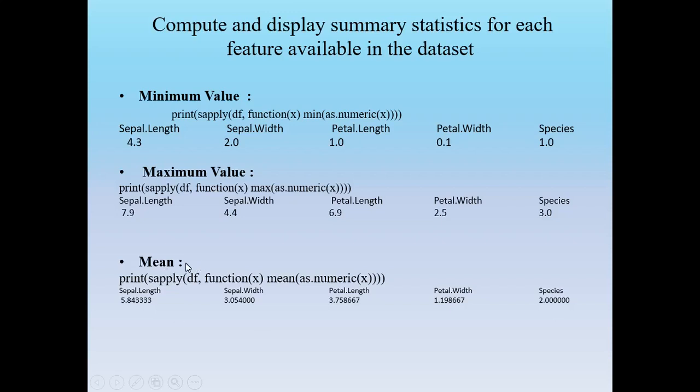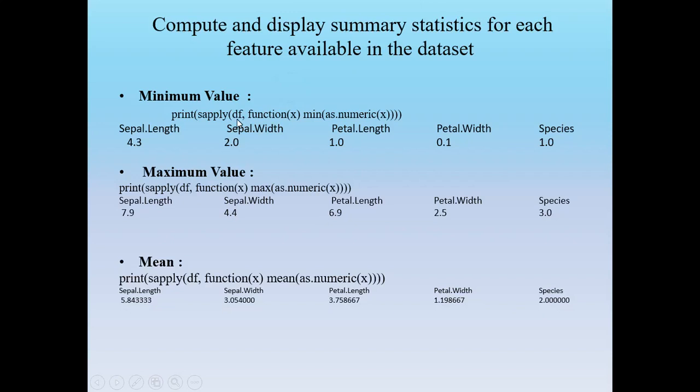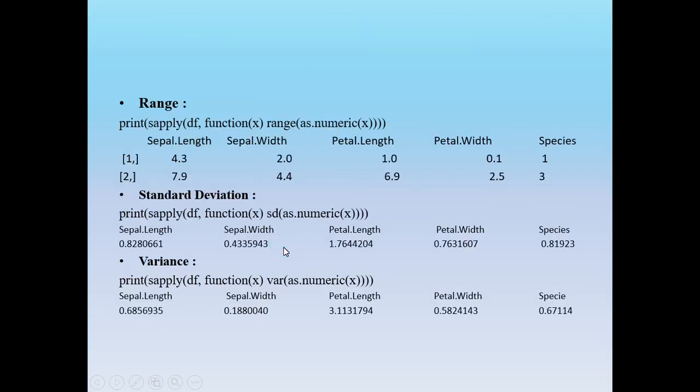Next is the mean function. With the help of this function, we get this kind of output. Then range. The range function returns an object containing the minimum and maximum in that order, or the range can be easily computed by subtracting the minimum from the maximum.